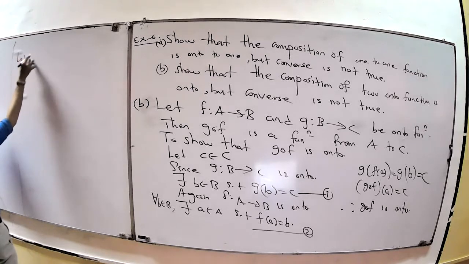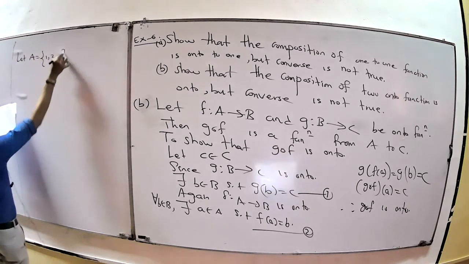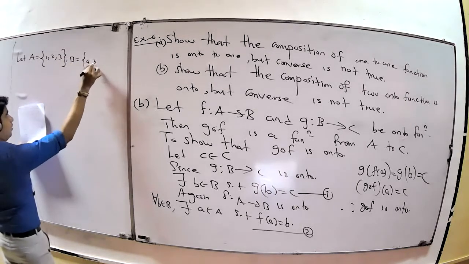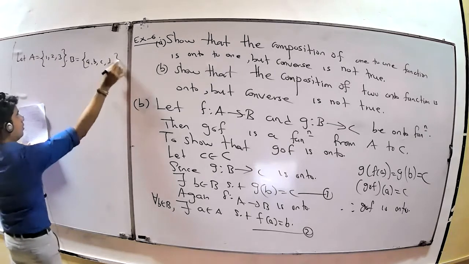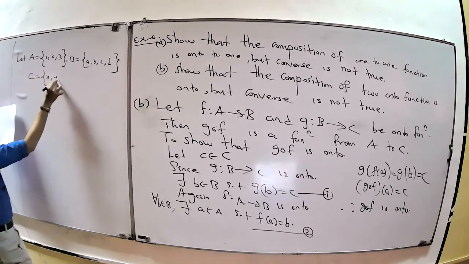Let A be the set 1, 2, 3, B be another set a, b, c, d, and C be another set x, y, z.